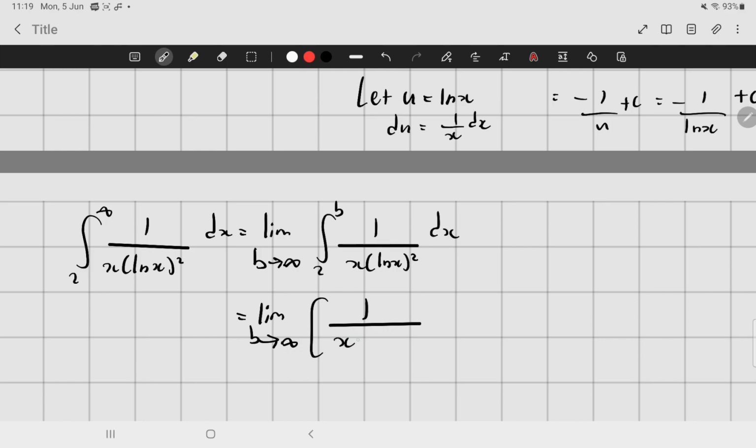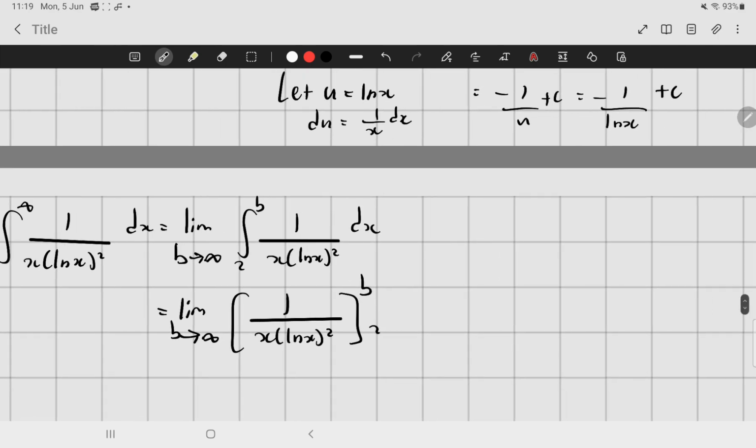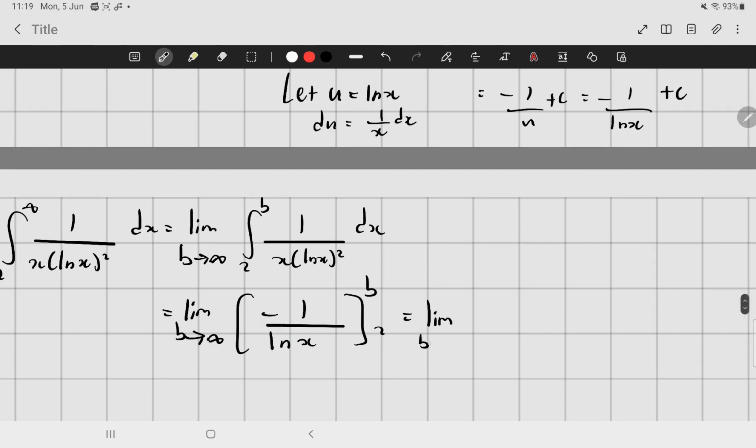That's not an answer, it should be negative 1 over ln x. Limit as b approaches infinity of negative 1 over ln b plus 1 over ln 2.